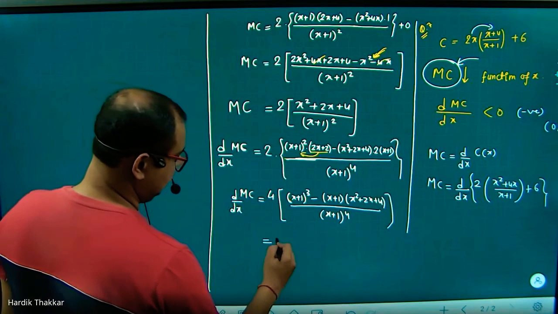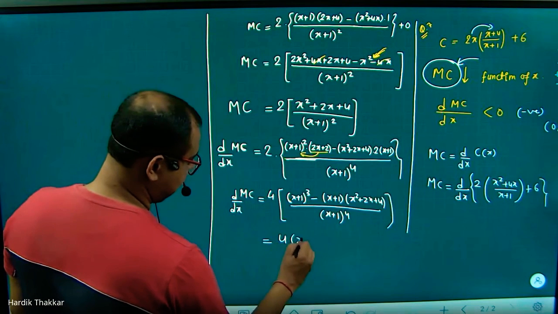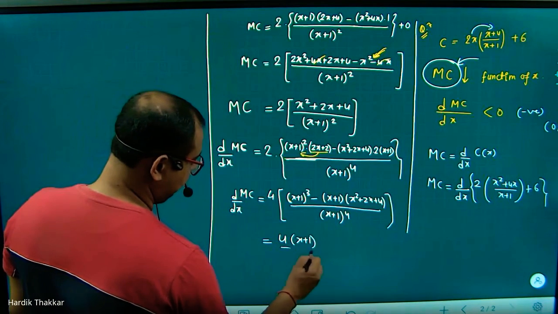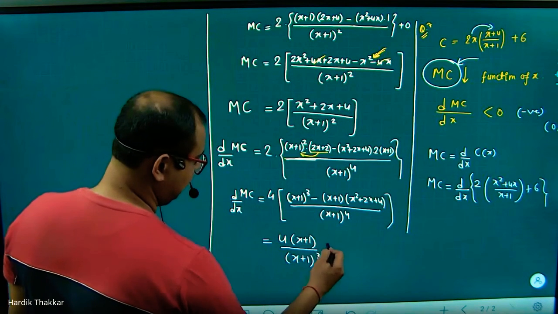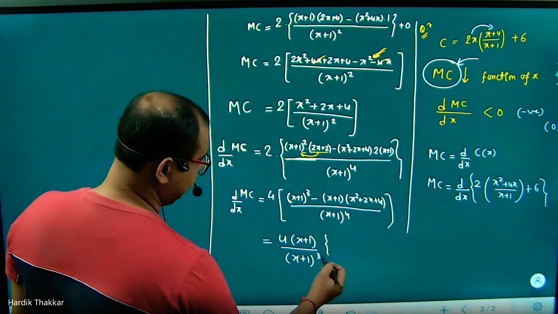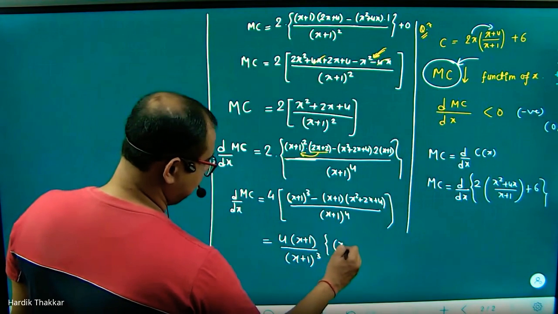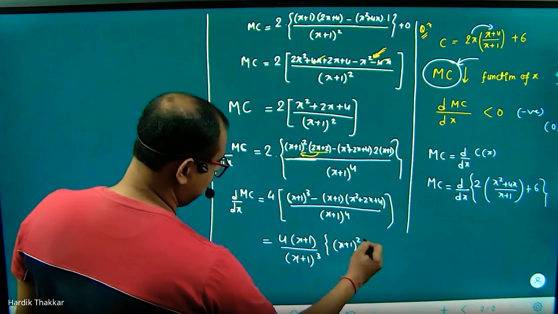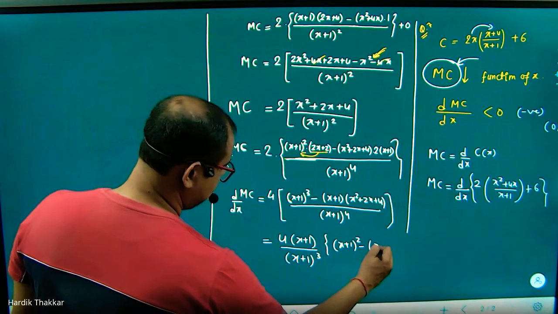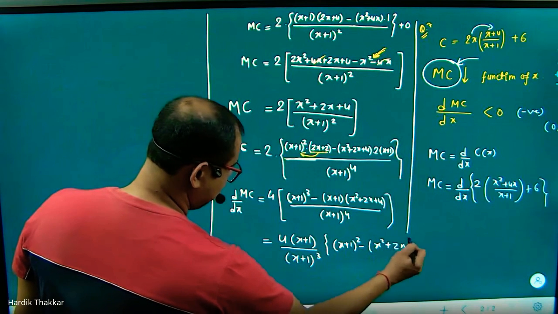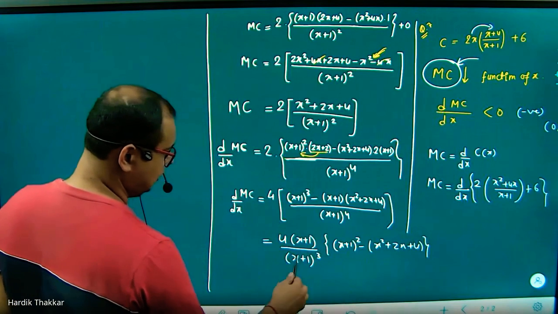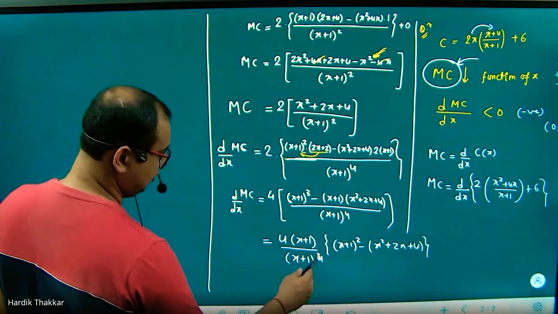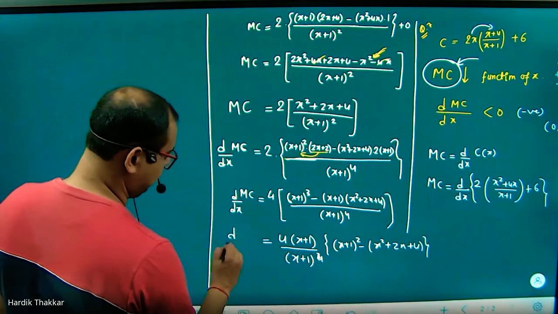Further we can take x plus 1 common from the numerator, and in the denominator it is x plus 1 raised to power 3, and in the numerator we will get x plus 1 whole square minus x square plus 2x plus 4. Okay, so further, it is power 4, and after this we'll get power 3.